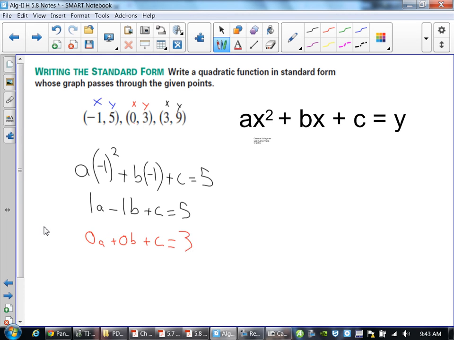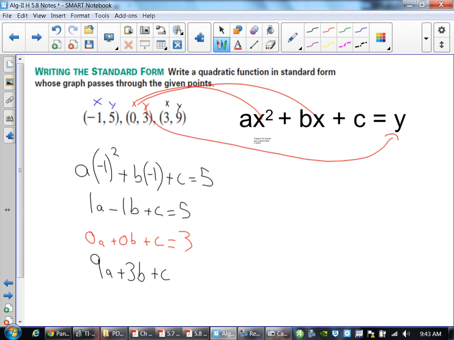I'm substituting these directly into that form. I do that one more time with 3 and 9. 3 squared is 9, so I get 9a plus 3b plus c equals 9.